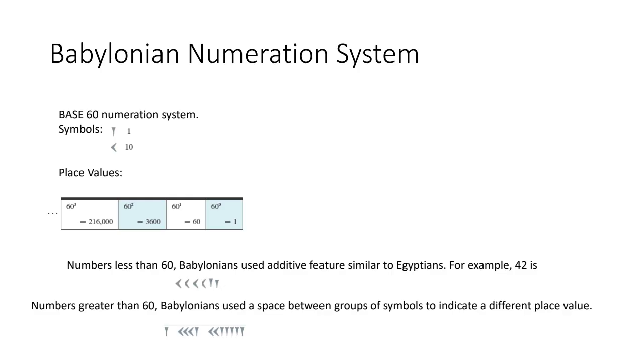You have this group here, and then you have this group and this group. And if you notice, there are spaces in between each of those groups. The first group represents that it's in the ones place. The second group represents that it's in the 60s place. And the third one would be in the 60 squareds place.